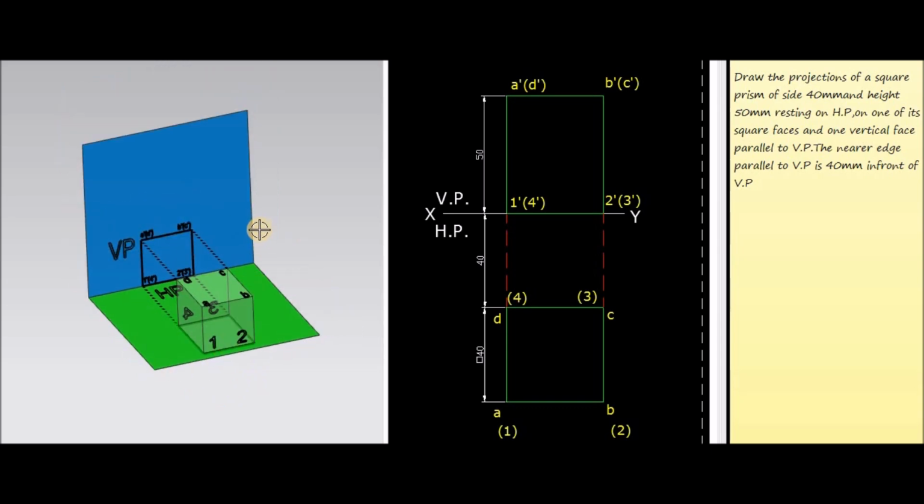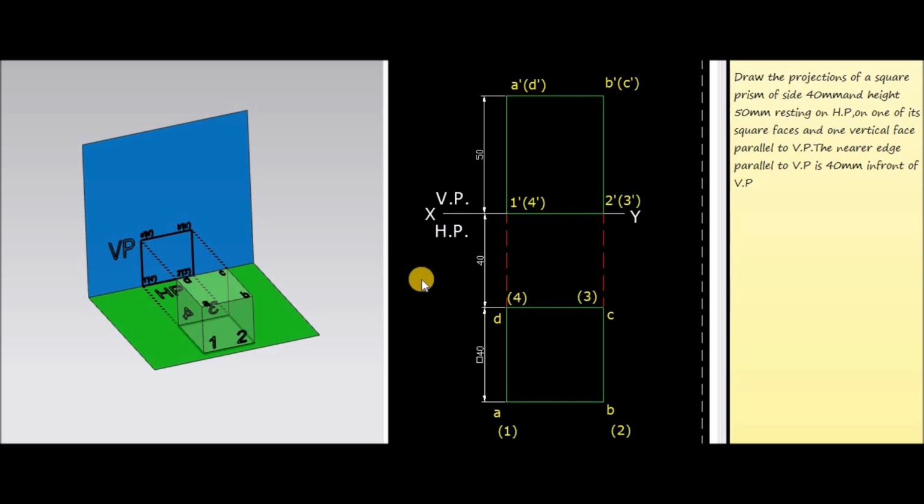Now we have to represent this three-dimensional geometry in the 2D plane, and for that we consider the intersection of the vertical plane and the horizontal plane. It is represented by a straight line xy here, and the area above the xy line is represented by the vertical plane, and the area below the xy line is represented by the horizontal plane.